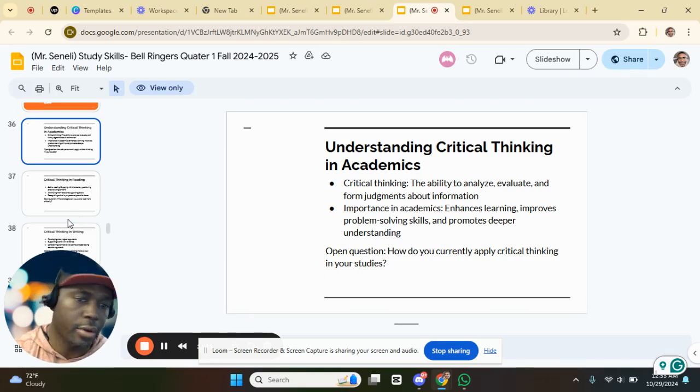Basically, critical thinking is the ability to analyze, evaluate, and form judgment about information. And why is this important, especially in academia? Because in it you're learning and improving your problem solving skills, promoting a deeper understanding about different things.